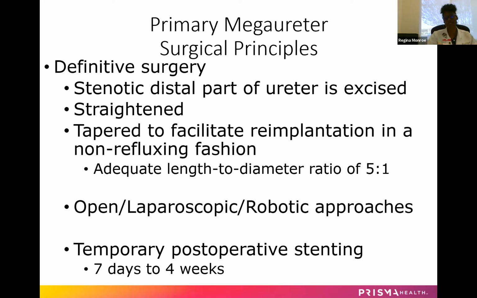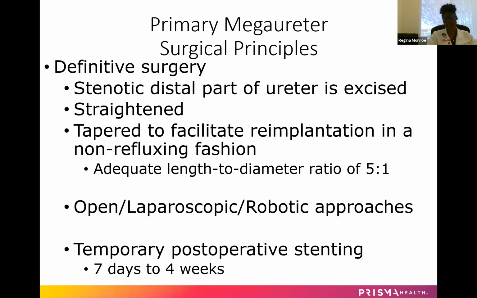Depending on the age of the child, in infants and younger children prior to toilet training, I would recommend tapering over an 8 French catheter. With an older, toilet-trained, school-age child, probably over a 10 French catheter.